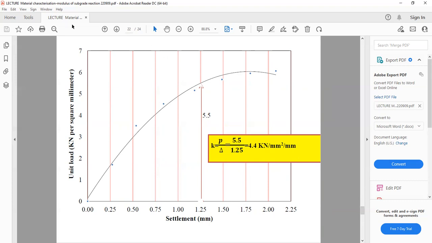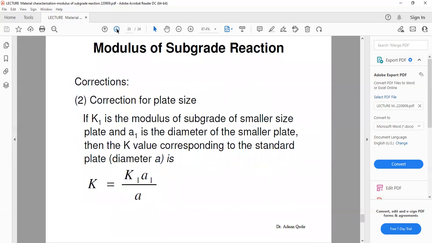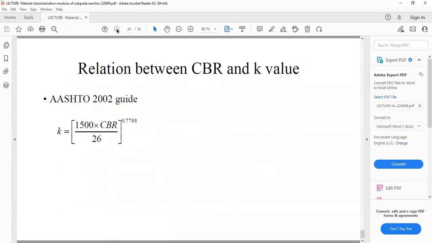Now, if you don't have any test apparatus set up, don't get disappointed. You can always use the CBR values to know your subgrade reaction. Simply multiply 1500 into CBR, divide by 26 to the power 0.7788.